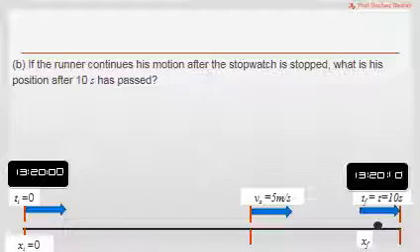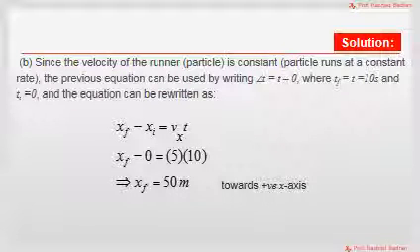The runner starts from the origin with a constant speed until it reaches the final destination, which is a distance x final from the origin, reached at a time of 10 seconds. So in this case, the problem is simplified. As long as the velocity is constant, the average velocity is the same as the instantaneous velocity.